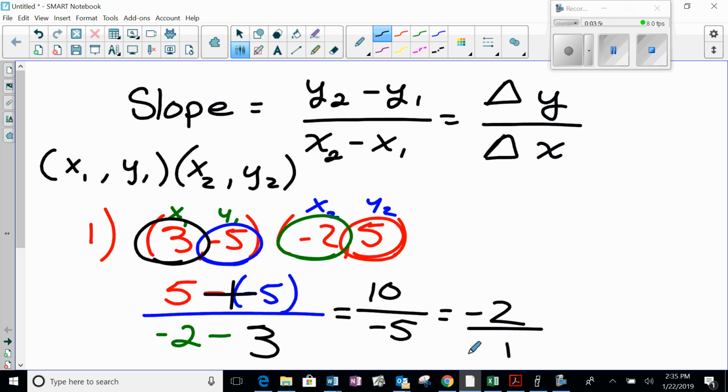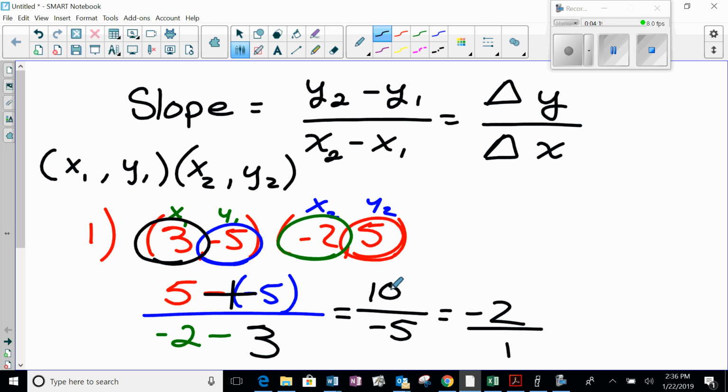So just to recap, we labeled the first point x1, y1. We labeled the second point x2, y2. Then we put the numbers into our formula. 5 minus negative 5 divided by negative 2 minus 3.